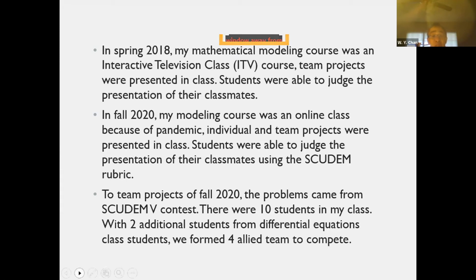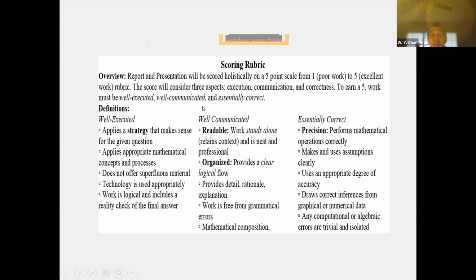So this is the rubric we are using. When they present their work, is it well executed? Is it well communicated and essentially correct? I also use these same rubrics when I grade their reports.